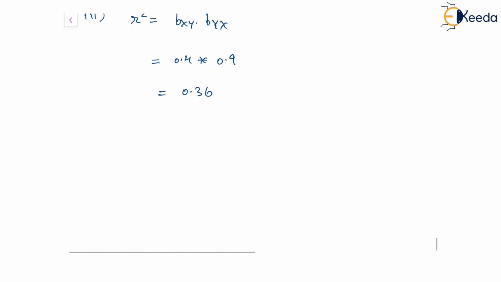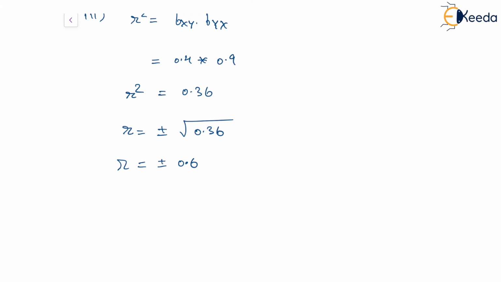So r square is equal to 0.36, and on taking the square root, r will be plus or minus the square root of 0.36, which is plus or minus 0.6. Now since byx and bxy are positive, r should also be positive, and so we accept the value of r as 0.6.